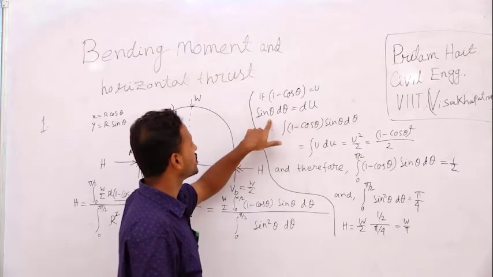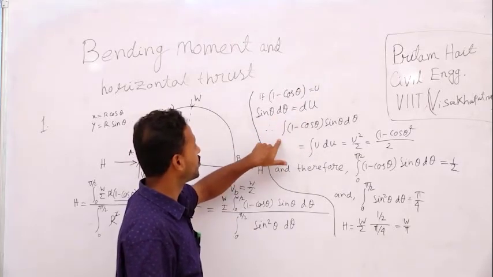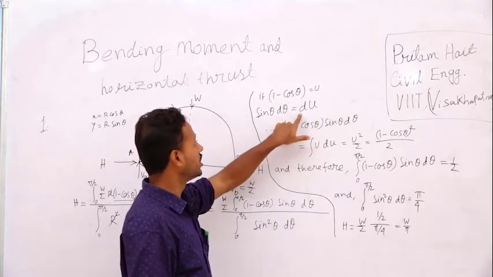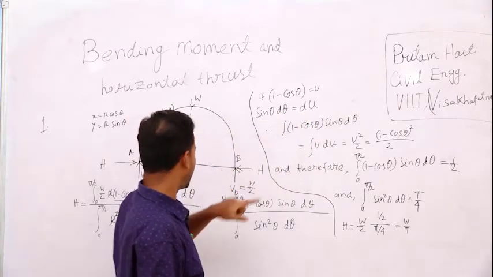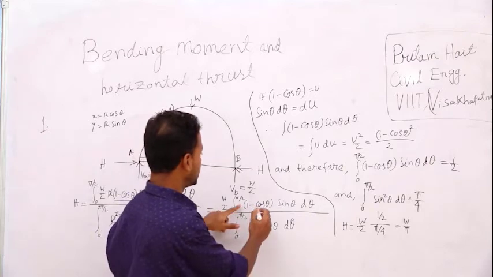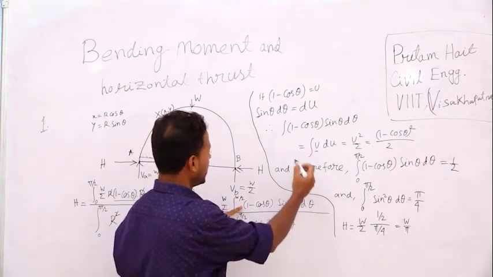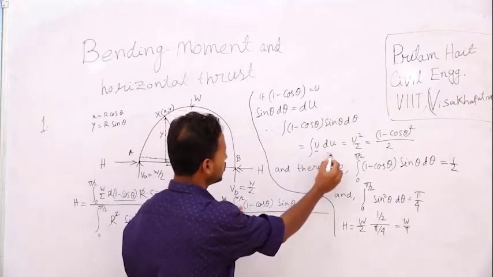So du equals sin theta d theta. Now I put the value of du as sin theta d theta. So 1 minus cos theta sin theta d theta equals u, and sin theta d theta means du.